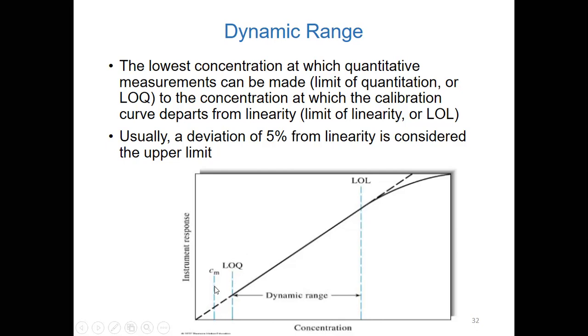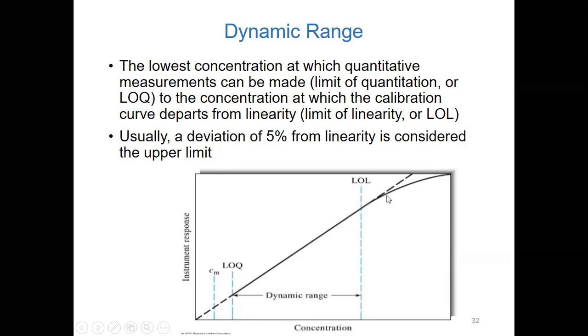The limit of quantification can be higher than the detection limit. Sometimes at the detection limit it is really difficult for us to distinguish, but the limit of quantification is the minimum concentration at which quantitative measurements can be made.